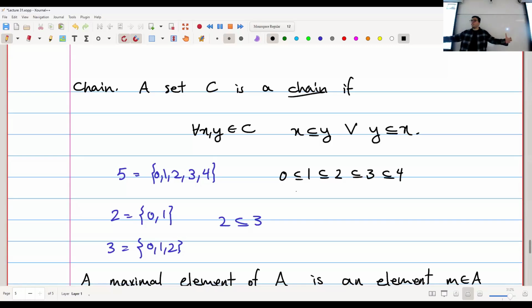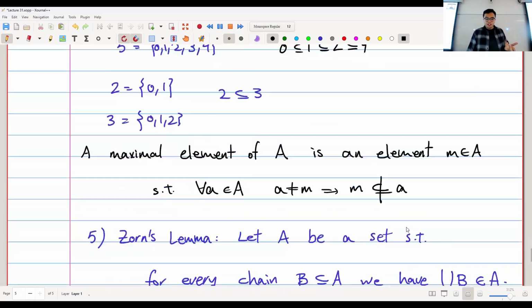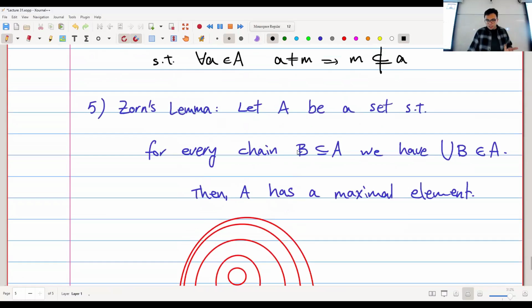It's a bunch of sets that are getting bigger and bigger, right? And whenever I have a chain like this, I can only take part of the chain. I can just take, let's say, 0, 1, 2, and 4, right? If I look at their union, in this case, the union of 0, 1, 2, and 4 is just 4. But that union is also a member of my set. 4 is also here. Okay, so that's the condition that I'm putting here.